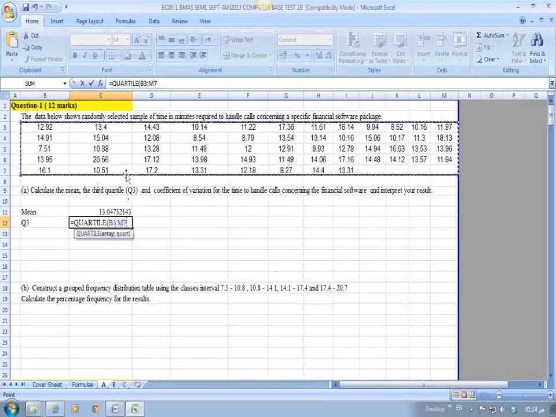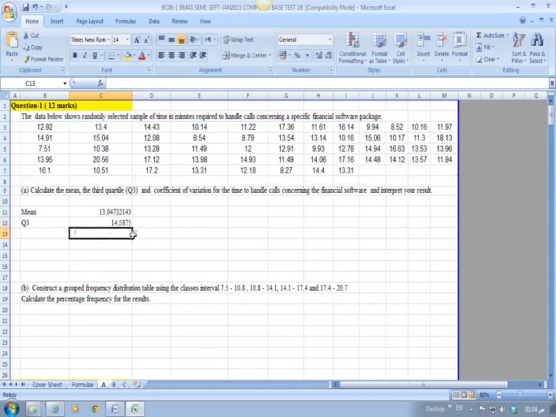Some computers use comma, so make sure that you follow what exists in your computer. Semicolon, and quart here, which quartile you want to calculate. If it is quarter 3, write 3. If it is 1, write 1, 2, 2, and so on like that. This is quarter number 3.